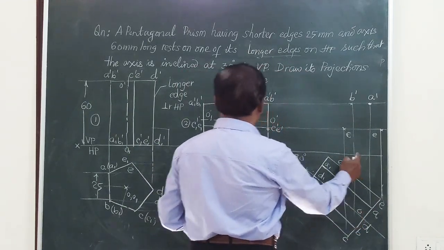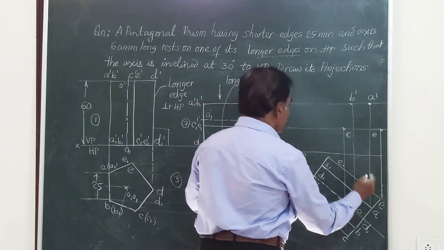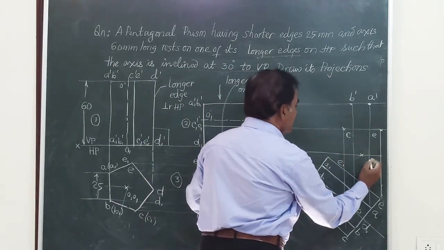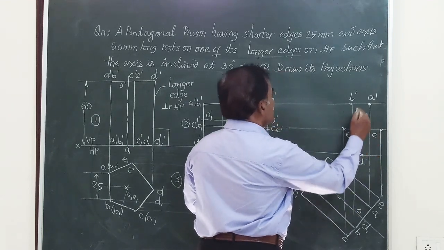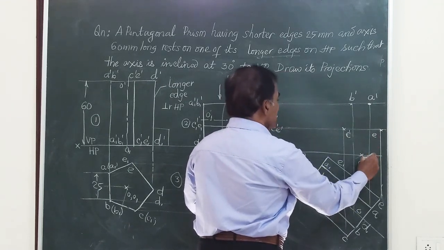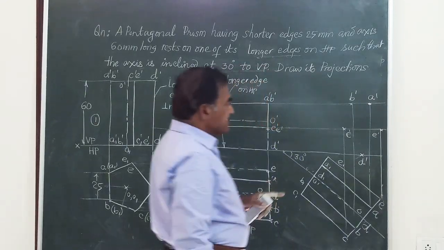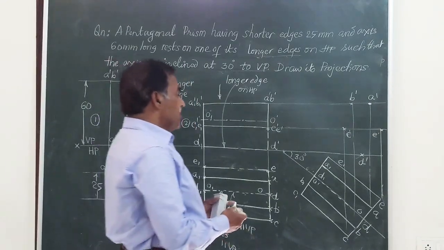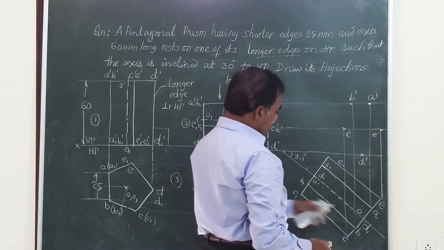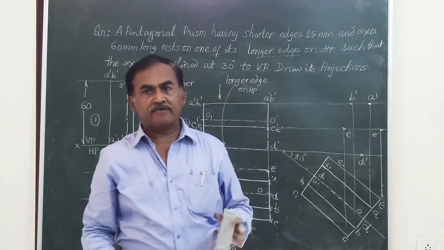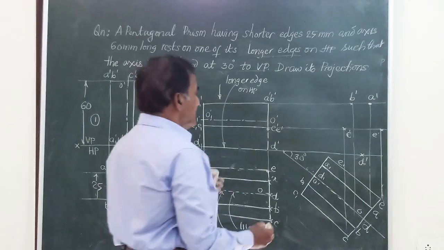Draw a vertical line from D and a horizontal line from here. It exactly meets here. This point is going to be D dash. So A dash, B dash, C dash, D dash, E dash represent the 5 corners of the top face in the front view. Since this is nearer to the observer, I have to join all these points by straight lines.